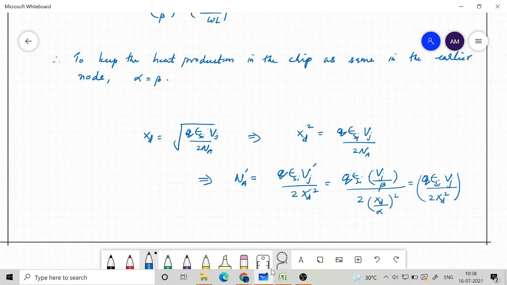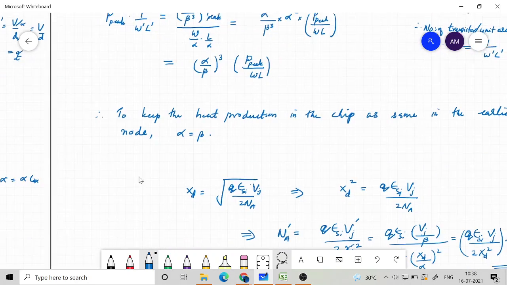So this is multiplied by alpha square by beta. That means Na, the new doping concentration, should be alpha square by beta times the old doping concentration. So this also can be added.